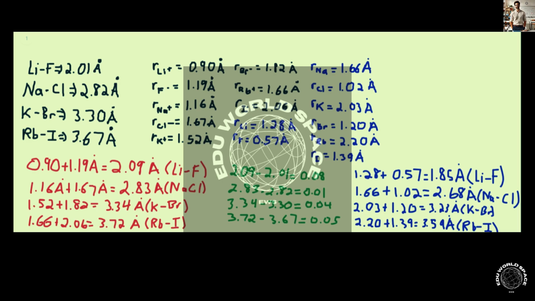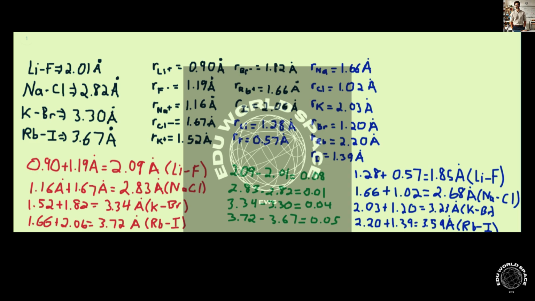Now they want to know, are these estimates as accurate as the estimates using ionic radii? And just at a glance, you can say no. Using ionic radii tends to overestimate our bond length, and using neutral atomic radii tends to underestimate our bond length.